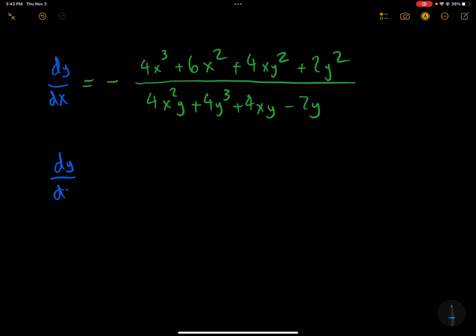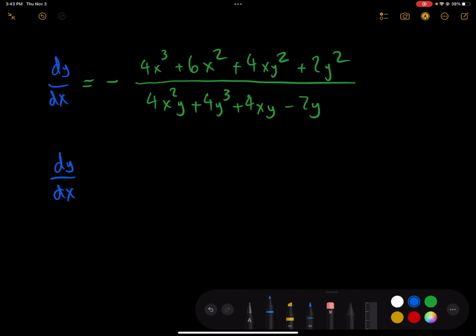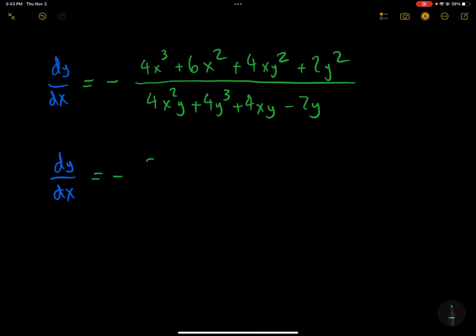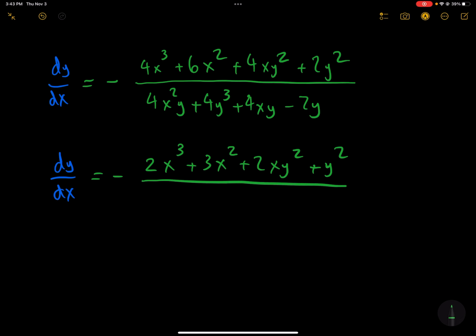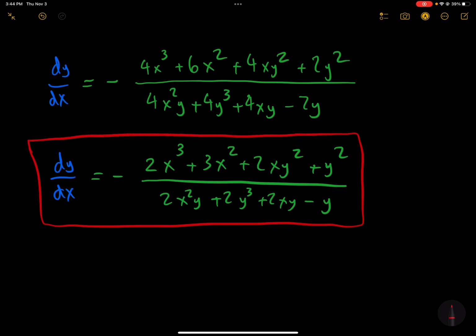This will give us dy over dx equal to minus 2x cubed plus 3x squared plus 2xy squared plus y squared, divided by 2x squared y plus 2y cubed plus 2xy minus y. And this is going to be the expression for our derivative dy over dx.